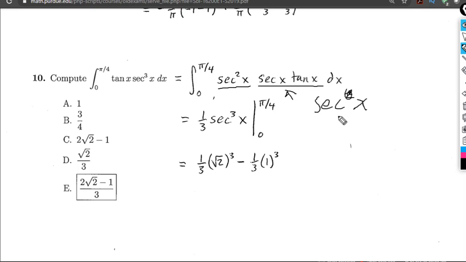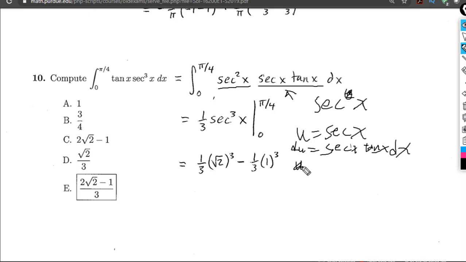So you can solve for this. Let u equal secant x, and you will get du equal to secant tangent dx.